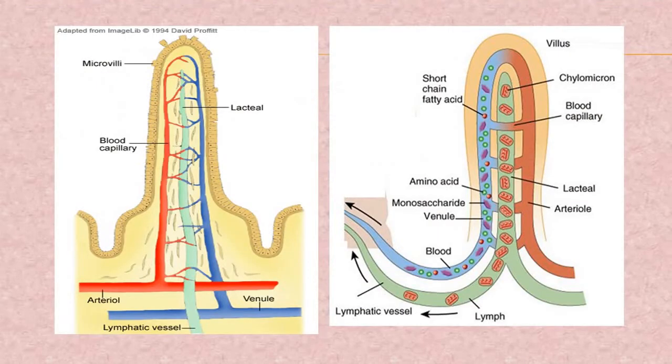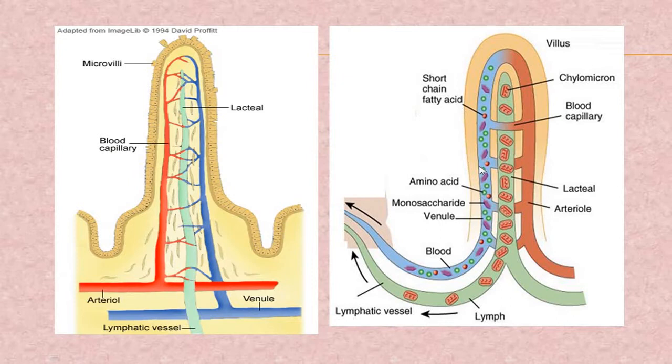This is another figure of villi. In this figure, you can see that villi are responsible for the absorption of digested food. Chylomicrons, we will learn about this. These are the particles for the transport of fatty acids.